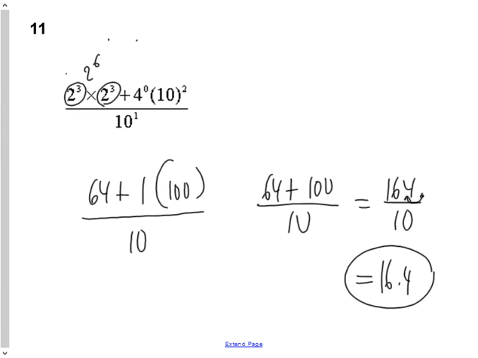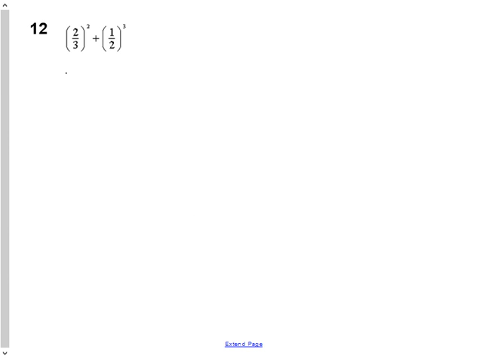Next question. 2 divided by 3 squared plus 1 divided by 2 cubed, or (2/3) squared plus (1/2) cubed. Either way you do it, you probably want to disperse the exponent of 2 onto both of these, which means you're going to have 2 squared over 3 squared plus 1 cubed over 2 cubed, or 4 over 9 plus 1 over 8.